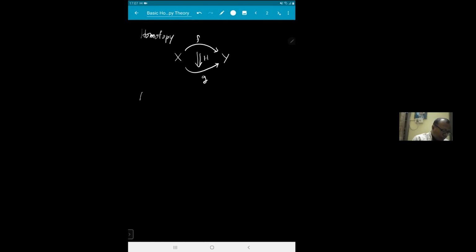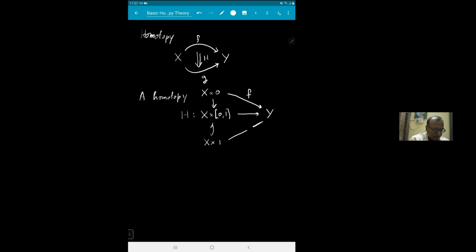A homotopy H is a map from X cross [0,1] to Y, such that the restriction to X cross 0 inside X cross [0,1] is the map f, and the restriction to X cross 1 is the map g. Okay, so that's the homotopy.